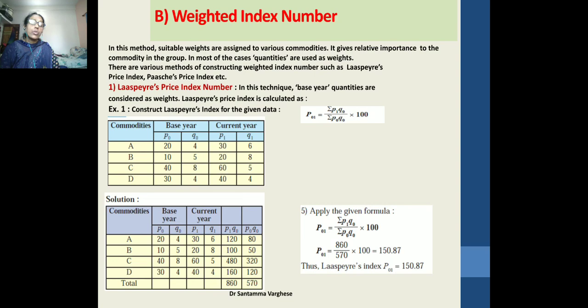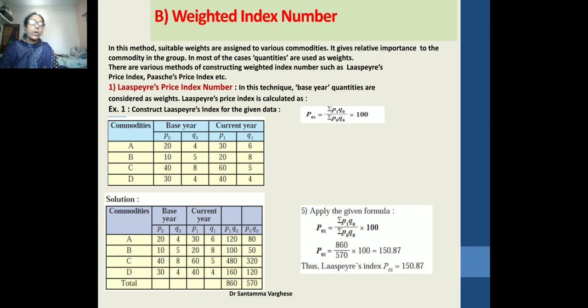To calculate P1Q0, first look at the price in the first row. The P1 price is 30, the Q0 quantity is 4, so 30 into 4 is 120. Next, P1 is 20 and Q0 is 5, so 20 into 5 is 100.